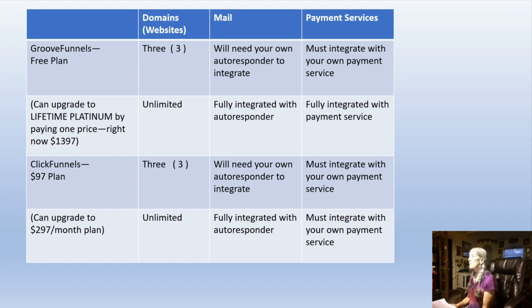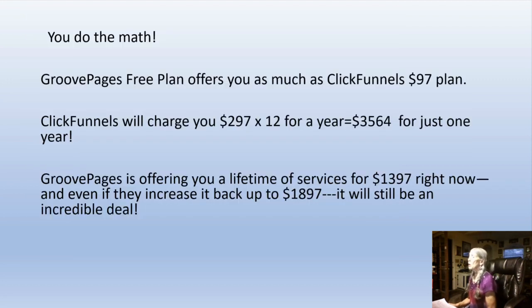Now, their mail service will go into effect in October of 2020. On ClickFunnels, if you do an upgrade, you can upgrade to the $297 a month plan. You can also have unlimited websites or unlimited domains. They are fully integrated with an autoresponder, and as far as the payment service, you would have to integrate with your own payment service.